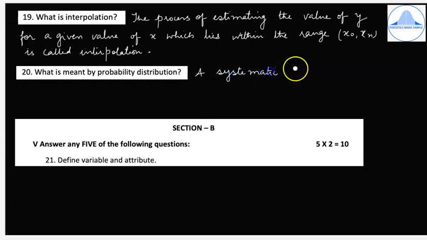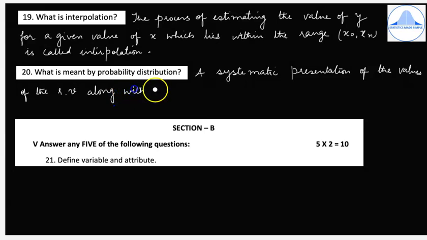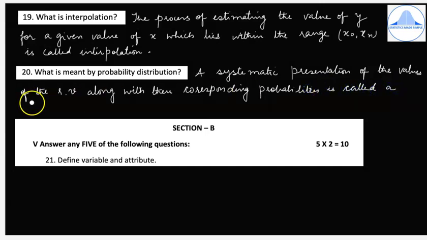A systematic presentation of the values of the random variable along with their corresponding probabilities is called a probability distribution.